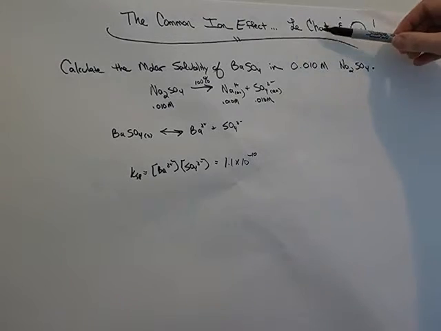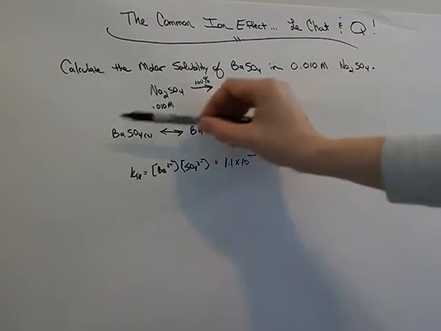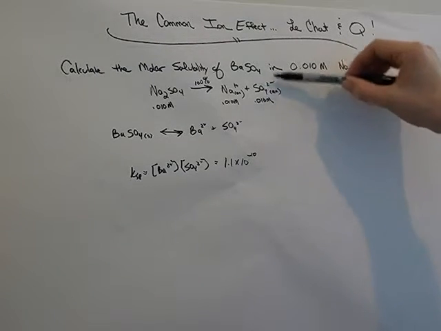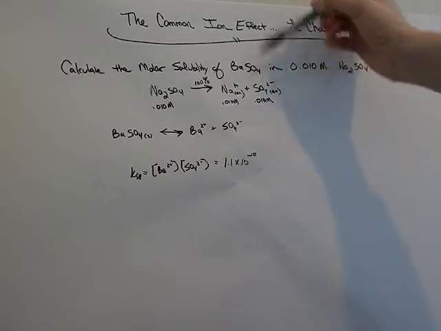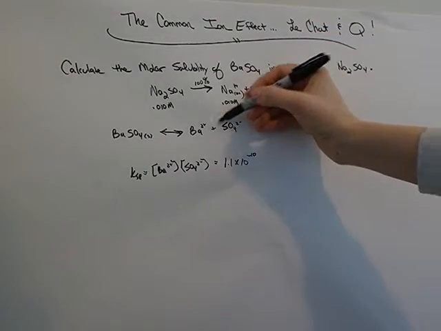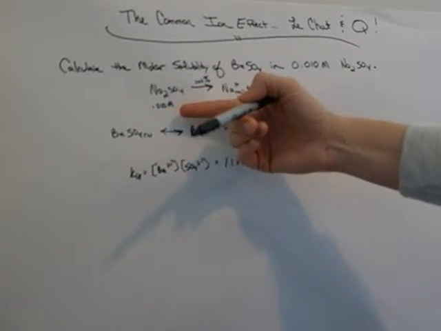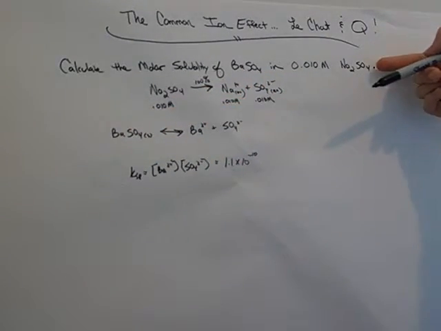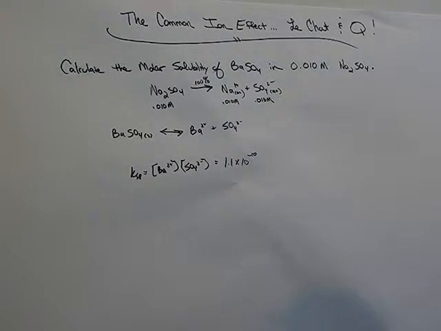According to Le Chatelier, whenever you have a common ion and an equilibrium occurring, the presence of this ion is going to shift the equilibrium. It adds to the concentration of the sulfate and pushes the equilibrium toward the solid. So with the addition of the sodium sulfate, we would expect to see precipitation occurring. We just need to know how badly the molar solubility is affected.